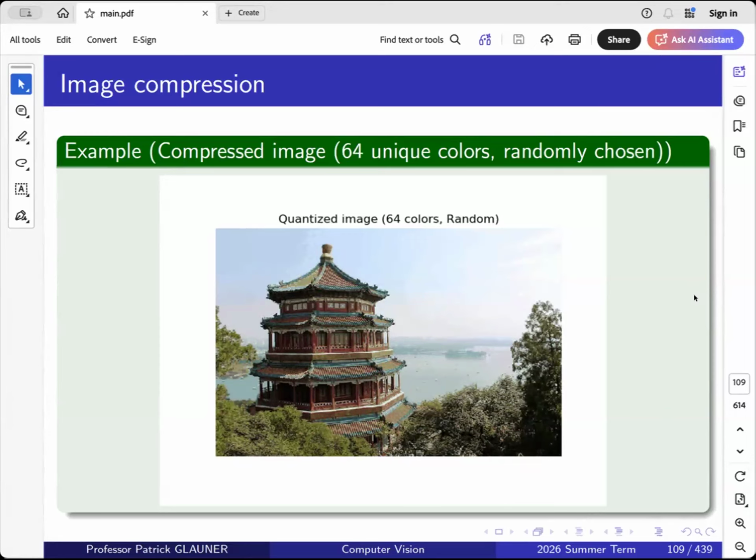This one really looks worse. So the one before, 64 colors with k-means, looks really good. With 64 randomly chosen, we see quite a loss of information. I can play this further. I can just say 10 colors picked with k-means. Not randomly, sorry, 10 colors picked with k-means.